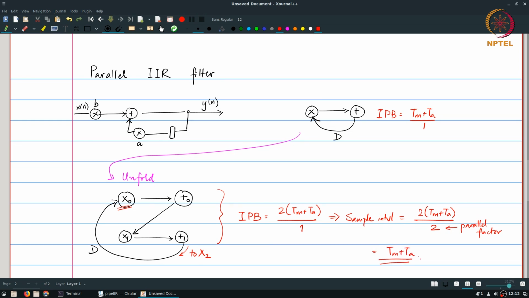In other words, trying to parallelize this basic IIR filter is of no use whatsoever. It does not help us to improve our sampling rate at all.